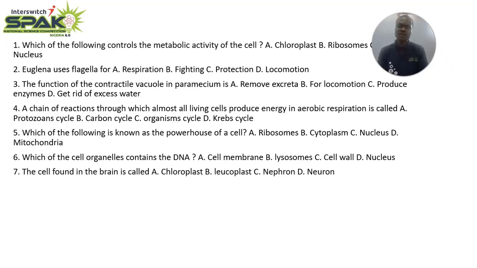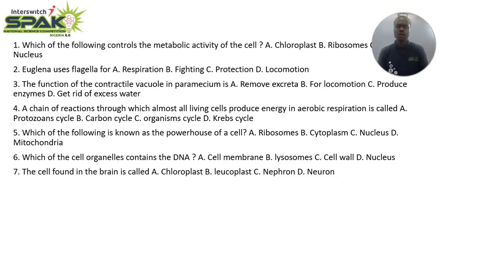So chloroplast is found only in plant cells. Plants don't even have a brain. Leucoplast is not found in the brain. Nephron is only found in the functional unit of the kidney, where urine formation takes place.